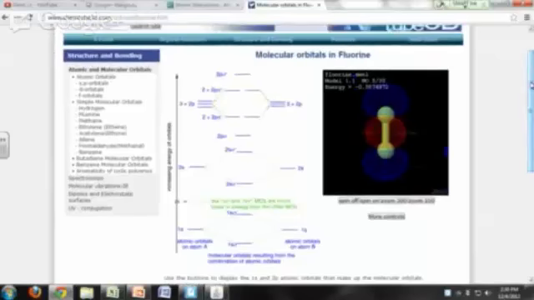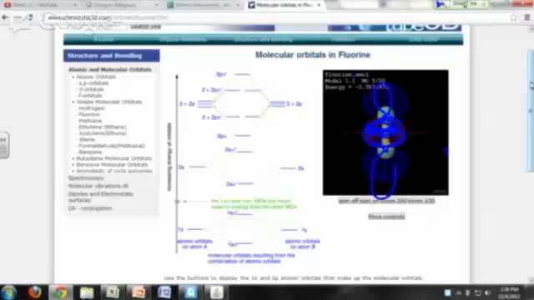Right there. So you can see there isn't a node between the two nuclei. So there's a high electron density between the two nuclei. So that's a sigma orbital formed by a 2p on one and a 2p on the other.